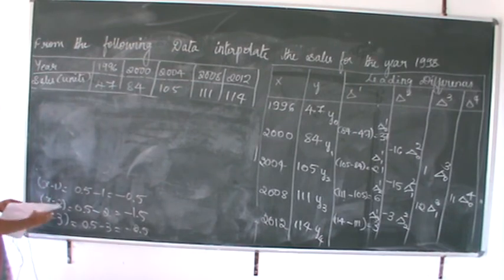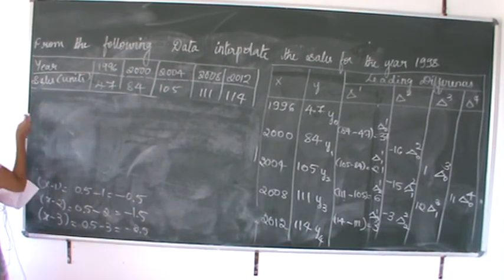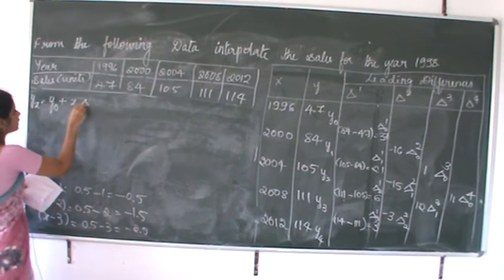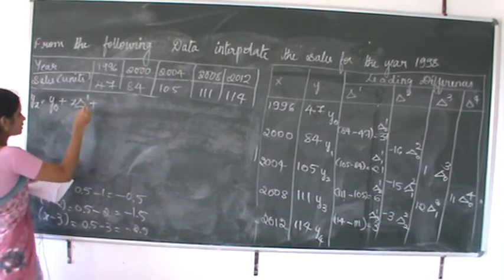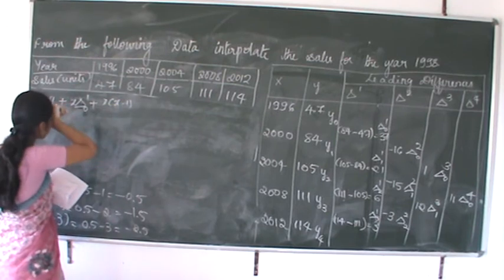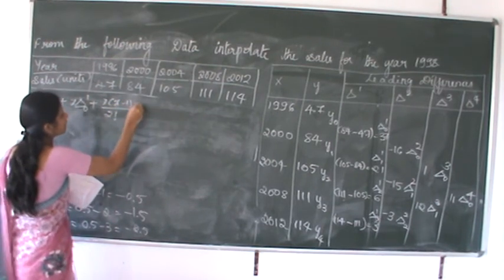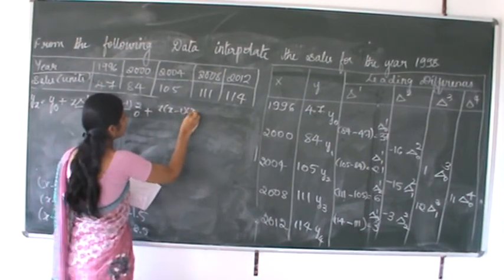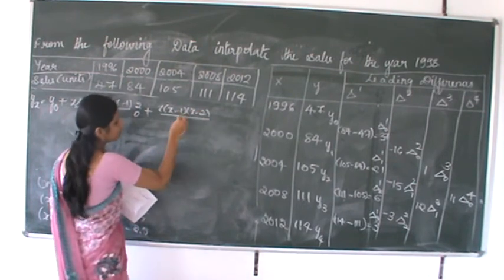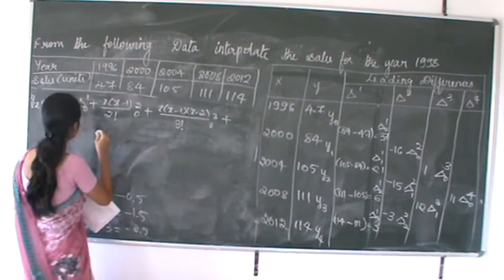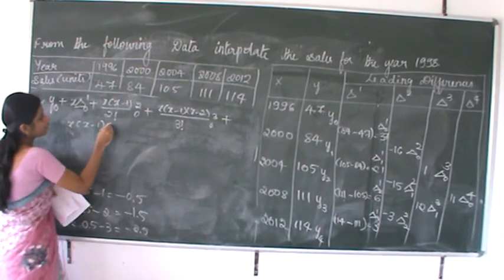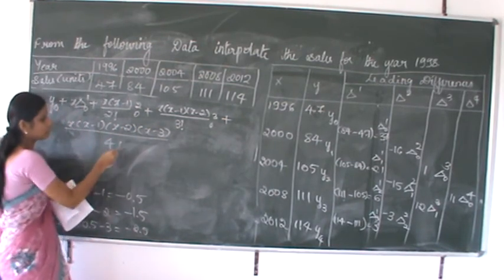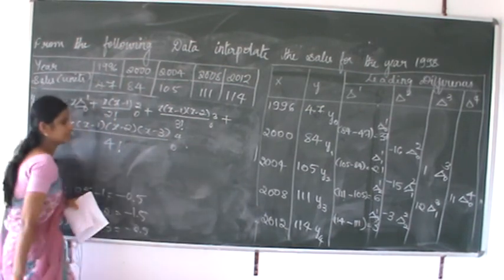Formula is yx is equal to y0 plus x delta 0 raised to 1 plus x into x minus 1 divided by 2 factorial second difference plus x into x minus 1 into x minus 2 divided by 3 factorial third difference plus x into x minus 1 into x minus 2 into x minus 3 divided by 4 factorial into 4th leading difference.